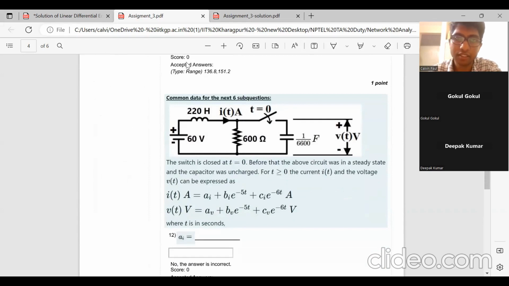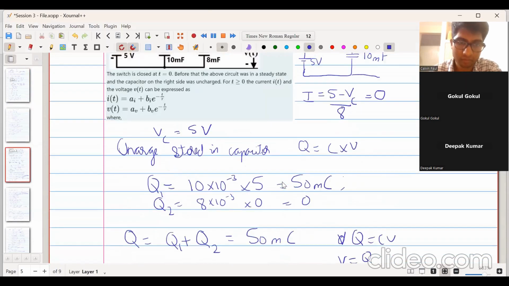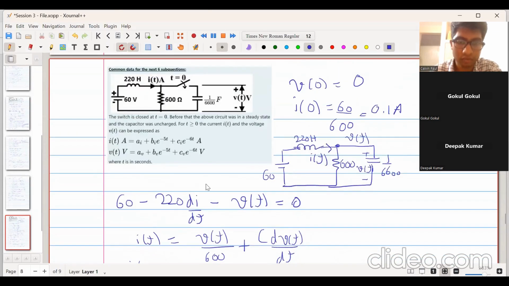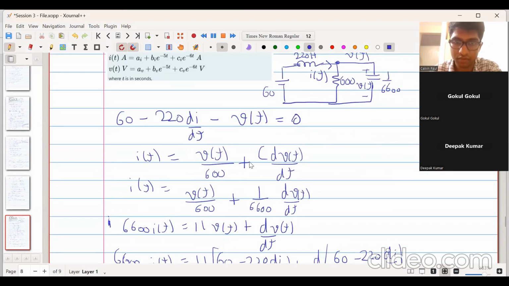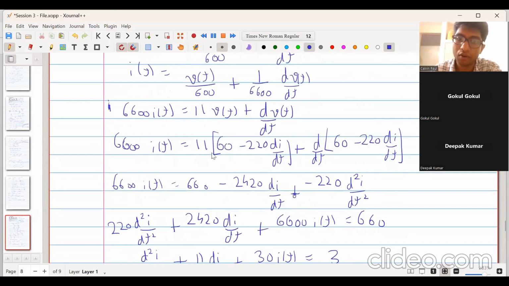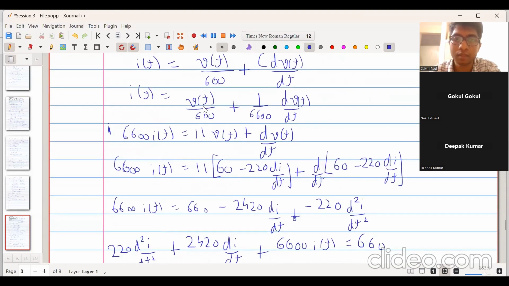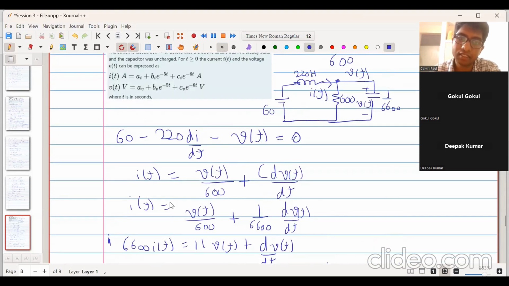What we did while solving is, we had this equation and we had this equation. In this equation, we substituted the value of V of t and found the differential equation in terms of d2i by dt2 plus di by dt plus something like that. But instead, what we could have done is substitute this I of t value over here.